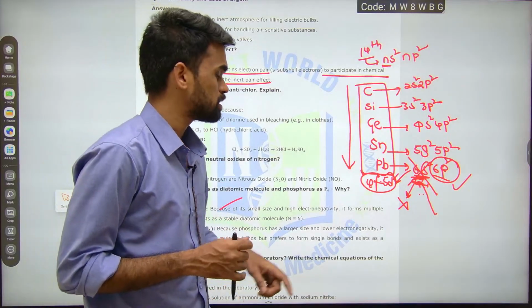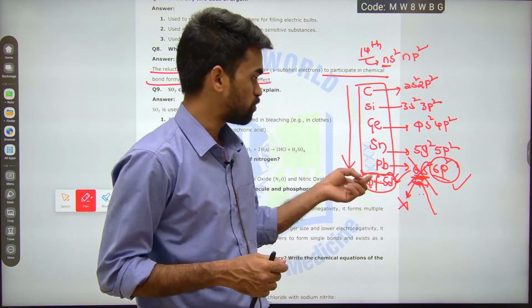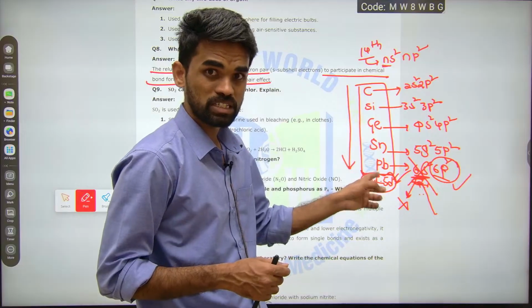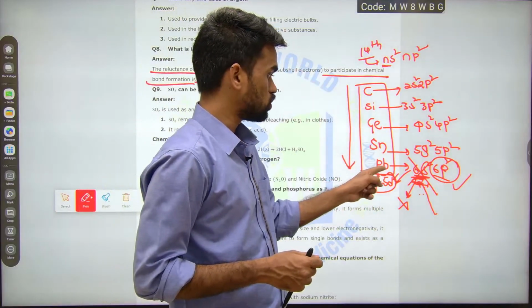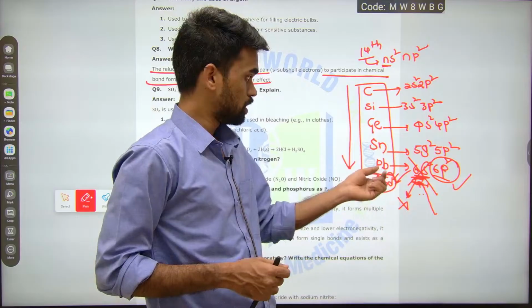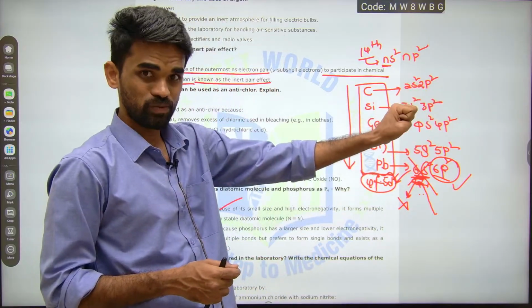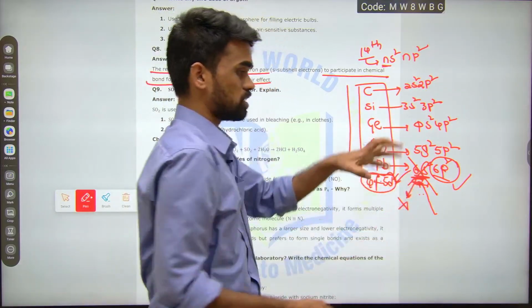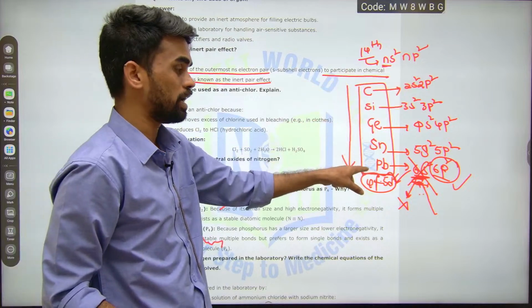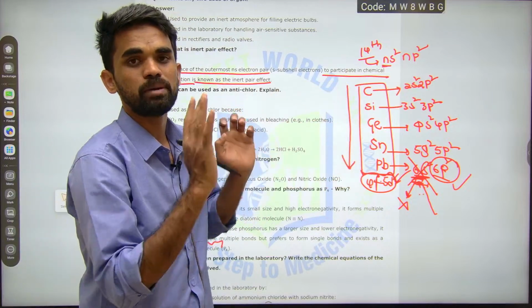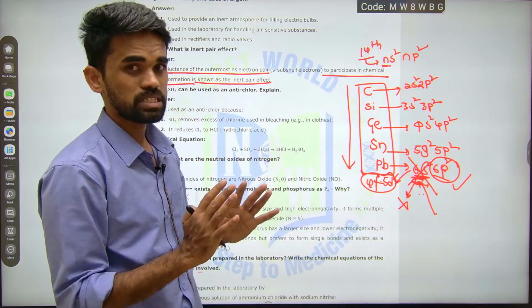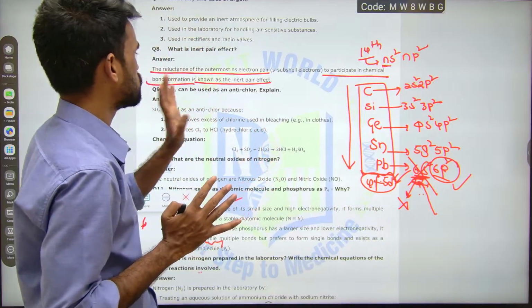Down the group, the atomic number increases by a bigger number, right? So the nuclear force increases, and that holds the valence electrons very tightly. The 6s electrons are very tightly held by the nucleus. That's why they are not participating in chemical reactions. So this is a simple way you can understand this 2 marks question.